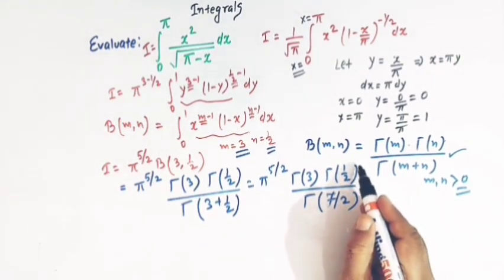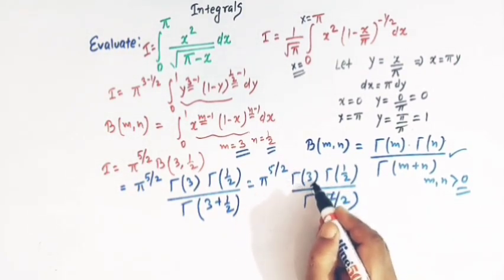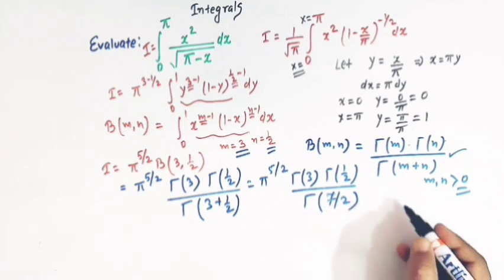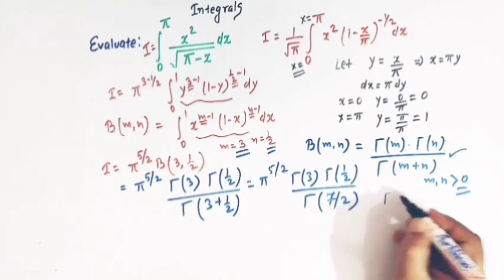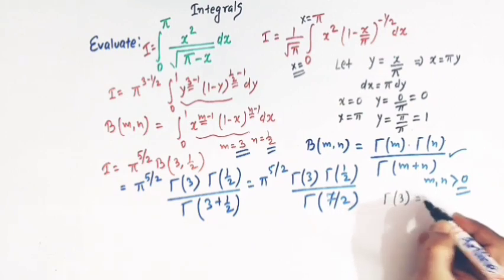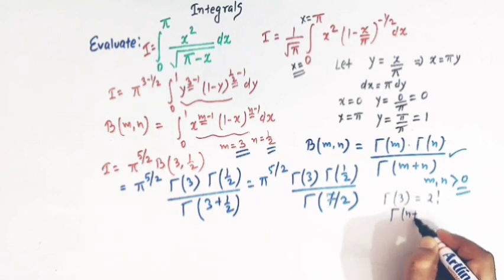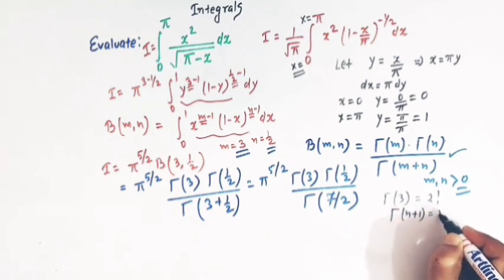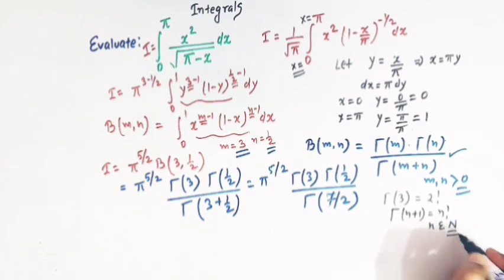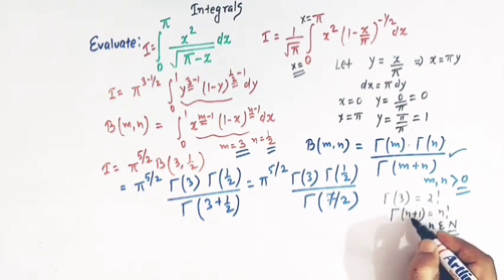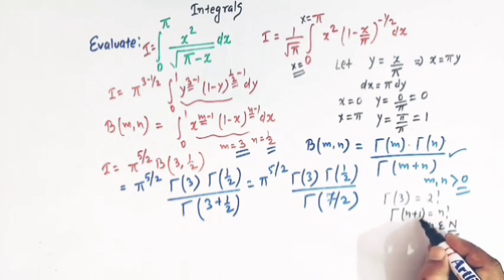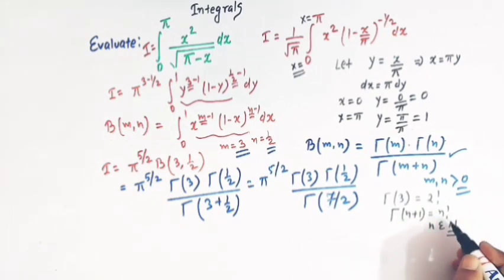So now let us write the values of gamma of 3 and gamma of 7 by 2, right? So gamma of 3 is equal to 2 factorial, right? Because we know that gamma of n plus 1 is equal to n factorial when n belongs to the set of natural numbers, right? Or when n is 0, then we have gamma of 1 is equal to 0 factorial, that is equal to 1, right?